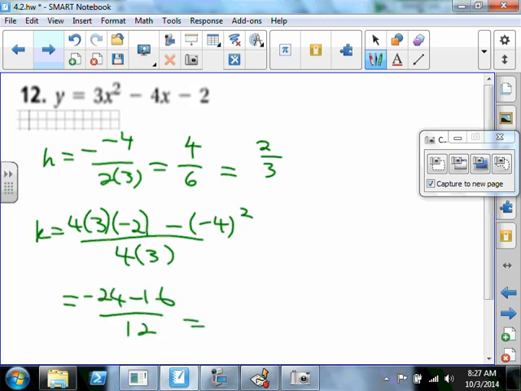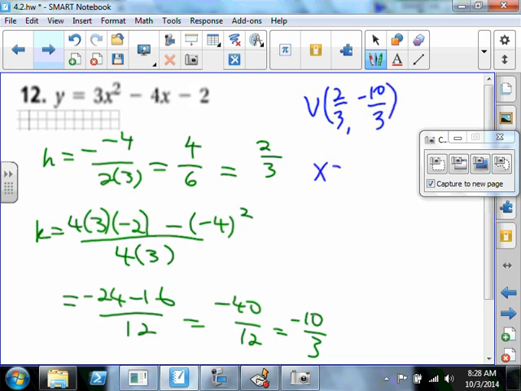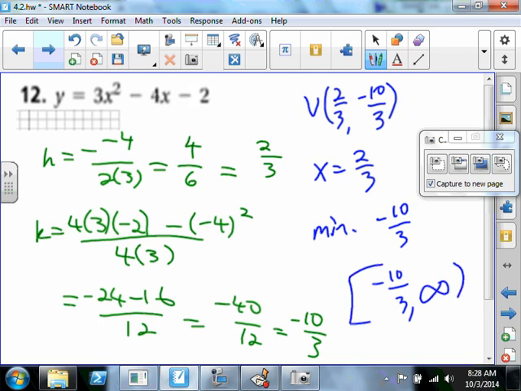So that's negative 40 over 12, which is negative 20 over 6, which is negative 10 over 3. So on number 12, my vertex is 2/3, negative 10/3. My axis of symmetry is x equals 2/3. The graph opens up, so my min value is negative 10/3, and the range goes from negative 10/3 to infinity. There we go.